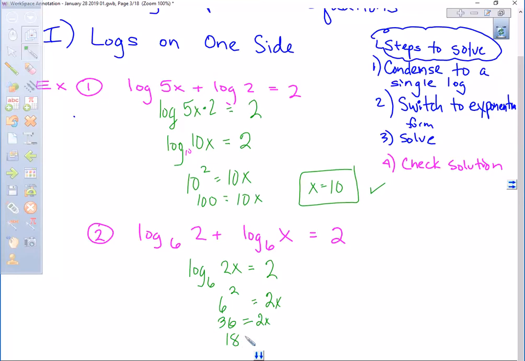So 18 equals x. All right. And if we plugged in 18, it gives us a valid equation, and we're good to go. Okay, so we're checking to make sure when we plug it back in, we don't have a negative base, we don't have a negative answer part, because either of those would give us an extraneous solution.